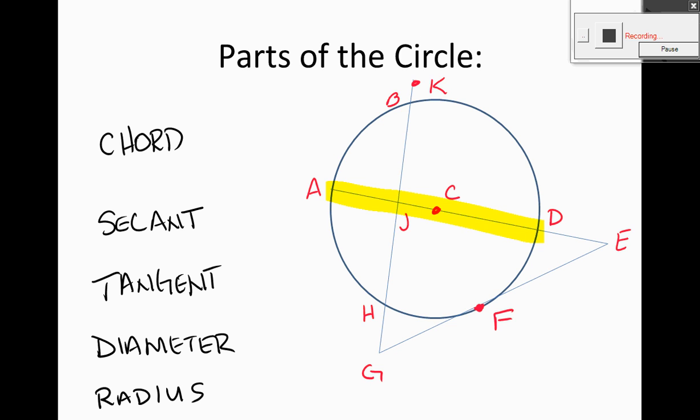That piece that I have highlighted, as quickly as you can with your partner, is that a chord, a secant line, a tangent line, a diameter, or a radius? Show everybody in the room. What is that one? Write it down. Show me as fast as you can. Good.